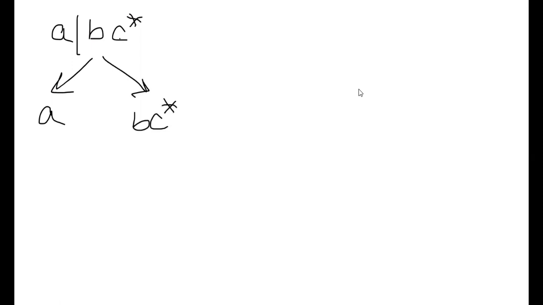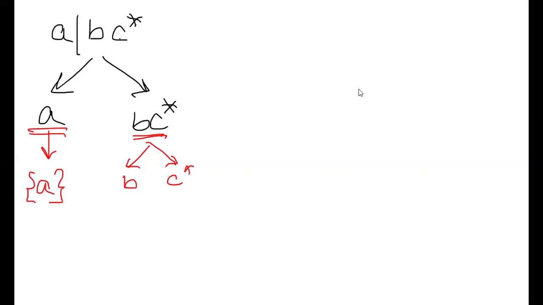For the first one here, the regular set, the set of strings for the regular expression A, is A itself, while for BC star, we can again divide it into two parts, B followed by C star.